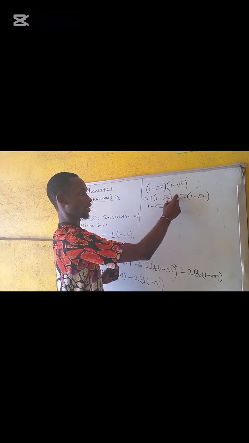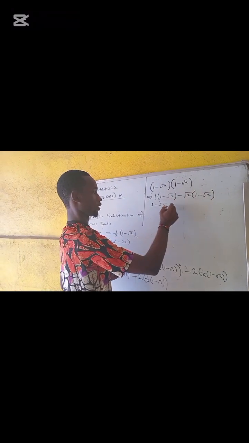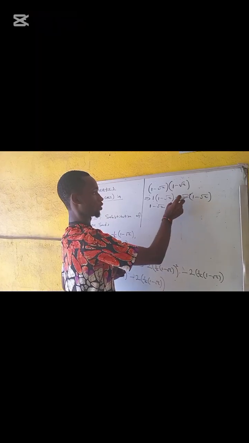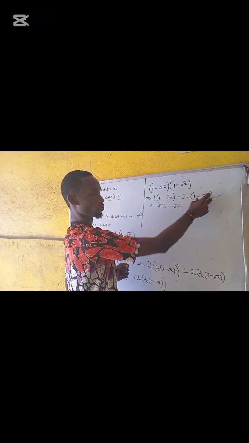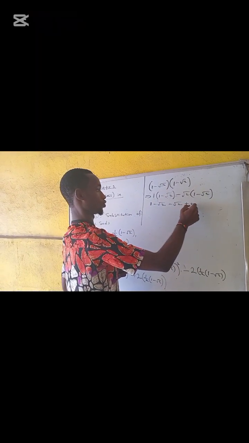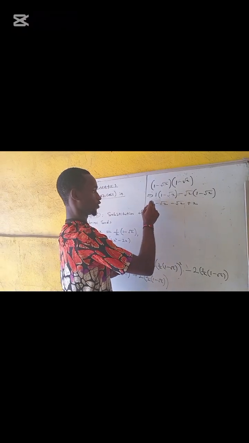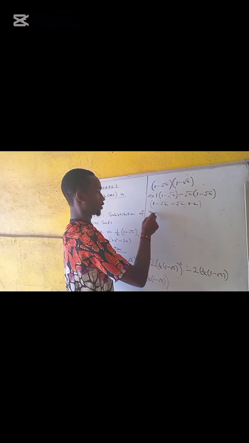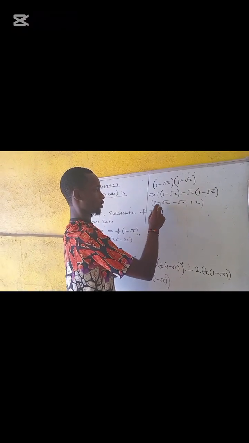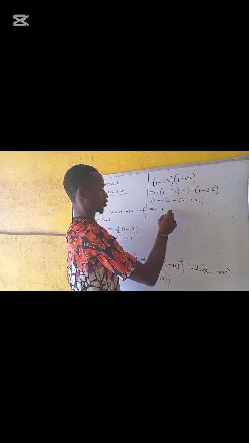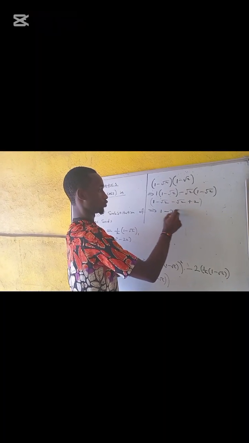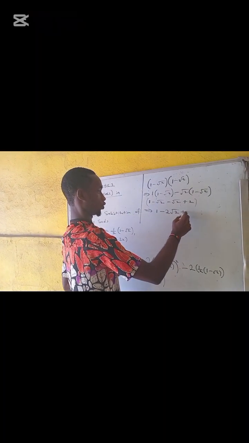This minus root 2 times 1 is giving us minus root 2. Minus root 2 times minus root 2 is giving us plus 2. And if we simplify this, we have 1 minus 2 root 2 plus 2.